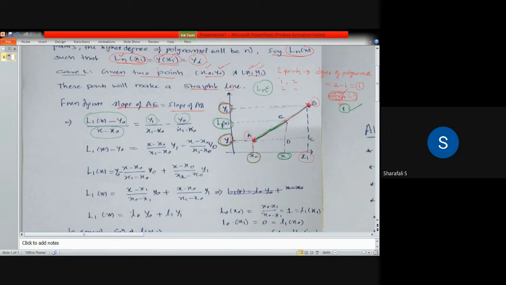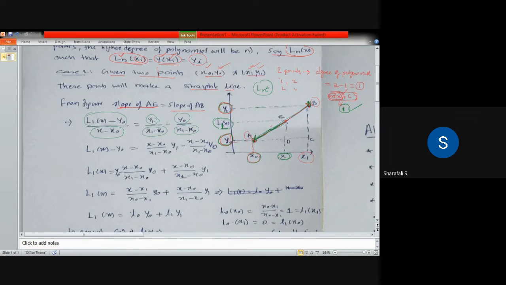In the denominator, you have x1 minus x0. So you can take y1 minus y0 by x1 minus x0. If I consider this point as my y1 for B, and y0 is for this A, I can split it like this: y1 minus y0 divided by x1 minus x0.